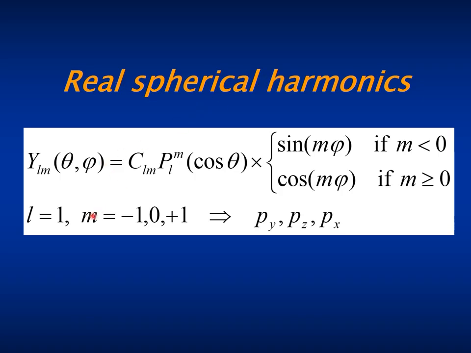Then the m quantum number is no longer the true angular momentum, but it is just an index going also from minus L to plus L, which gives some order of the spherical harmonics, which is somewhat non-standard.